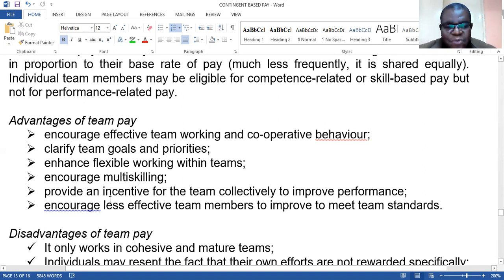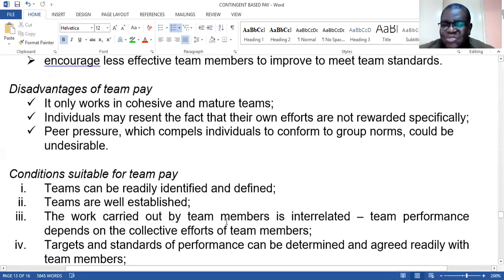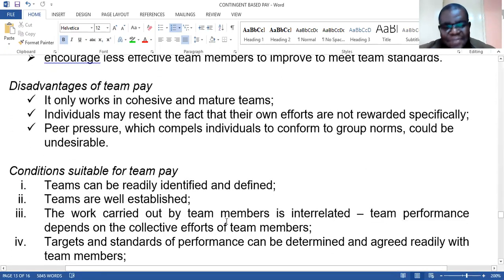You will come up with an incentive for teams to collectively work on improving their performance, and also the less effective team members will be boosted by the other team members to work towards meeting team standards.